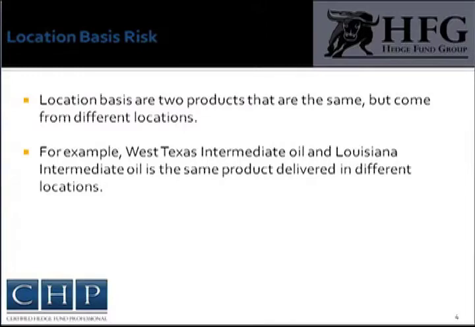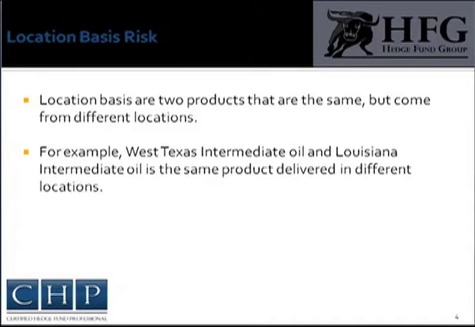Location basis is risk generated when there's a spread of products that are similar taken in a pair format, meaning long one particular product and short the other particular product. Basis risk can be on products that are fungible. For example, West Texas Intermediate and Louisiana Intermediate oil are the same products.